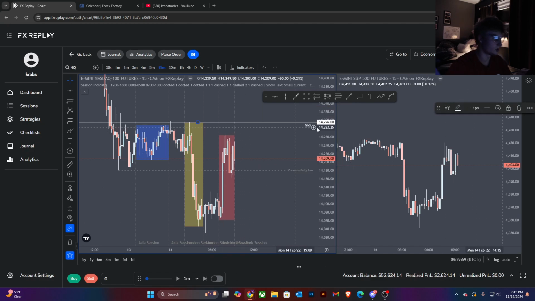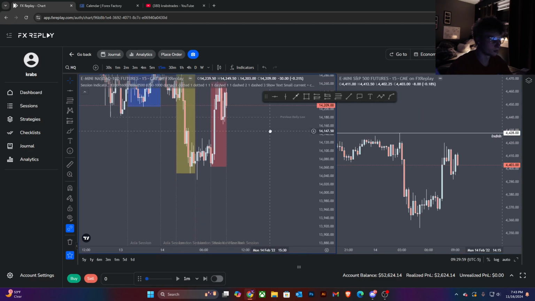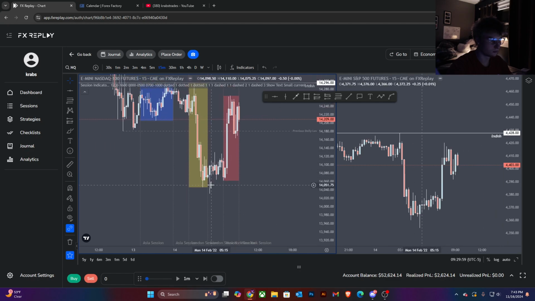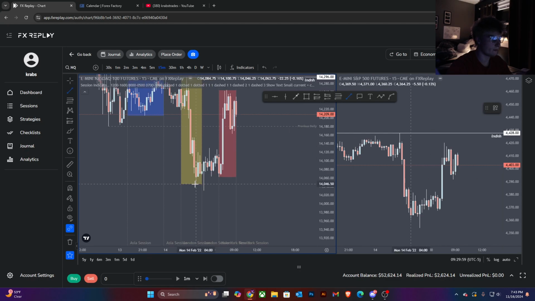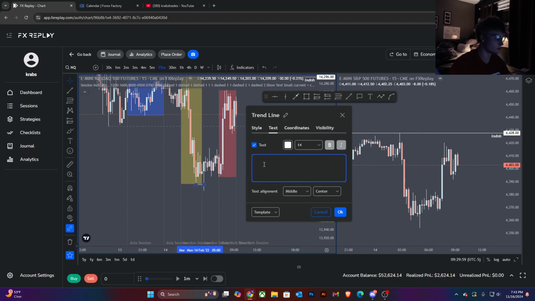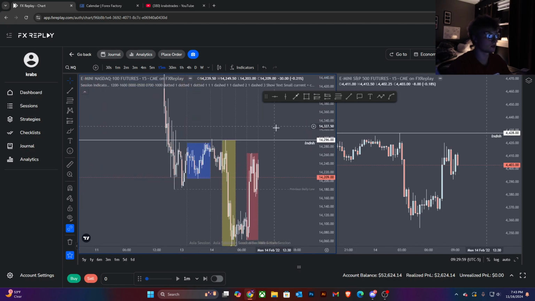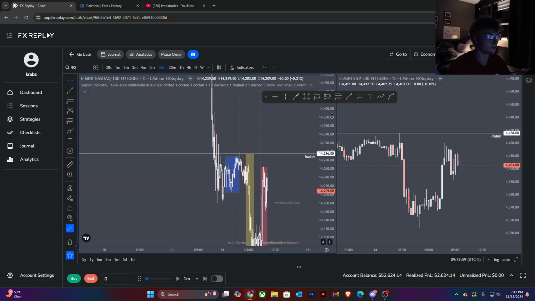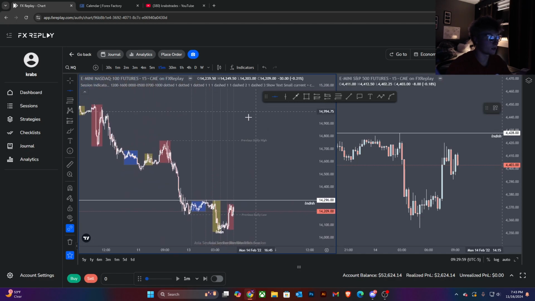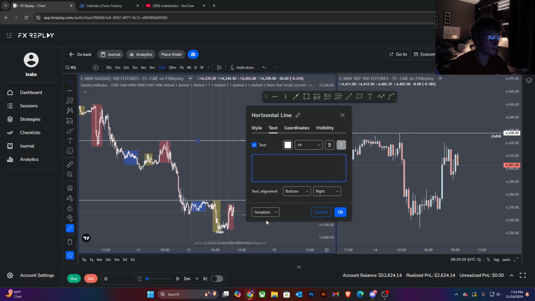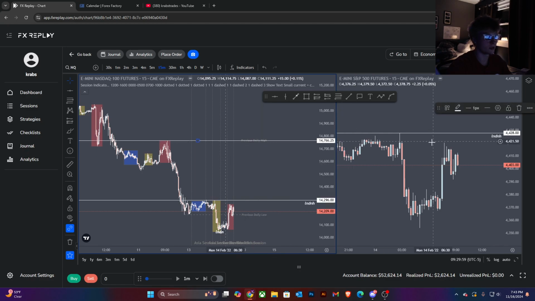Let's mark it up on ES as well. Looks like we took out London low here. Had a sweep that gave this move higher. Asia low or Asia high was also taken out. See, previous day high pretty far away. Keep that in mind.